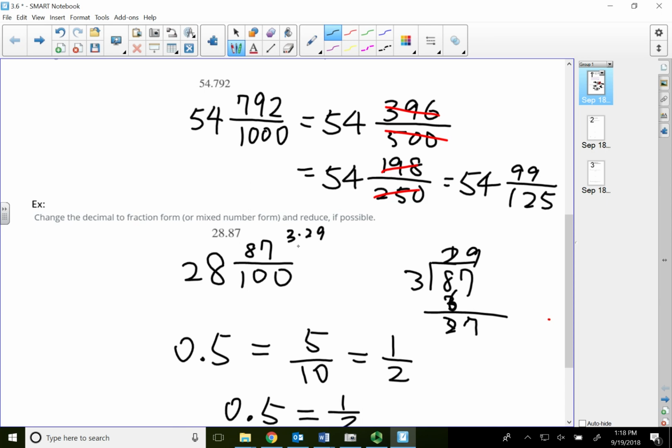I know both 3 and 29 cannot reduce with 100. So I cannot reduce 87 over 100. That's my answer.